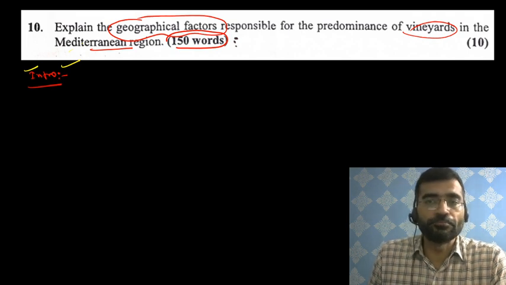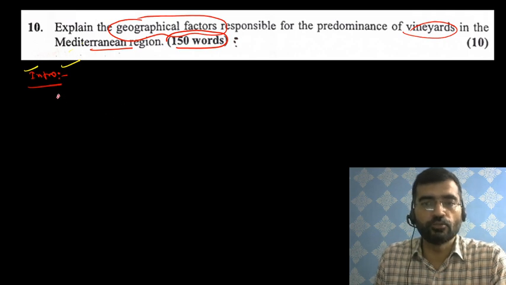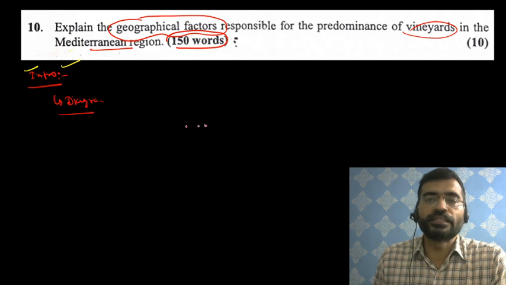This region becomes the vineyard of the world. Simply write this. Again, if you are able to draw the diagram, go with a diagram of the Mediterranean region.